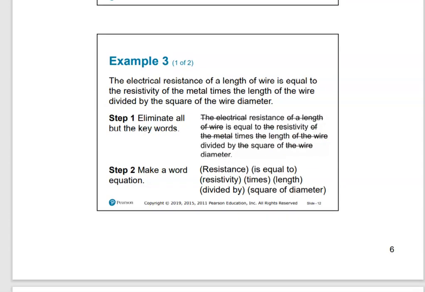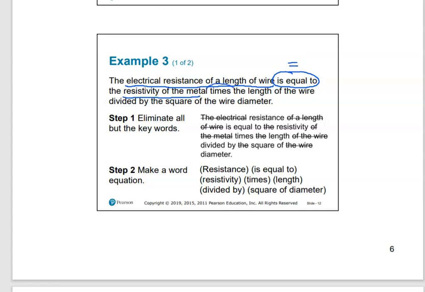So here we have the electrical resistance of a length of wire. We're talking about the electrical resistance of the length of wire. Okay, this is important, is equal to, we know that represents the equal sign, the resistivity of the metal.